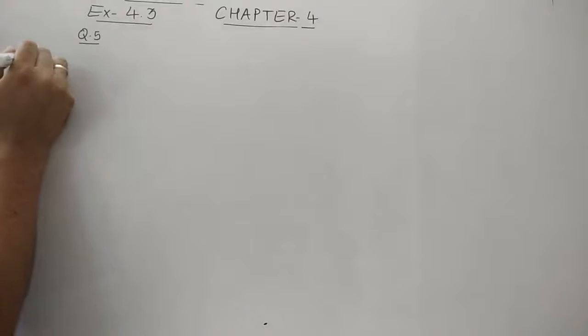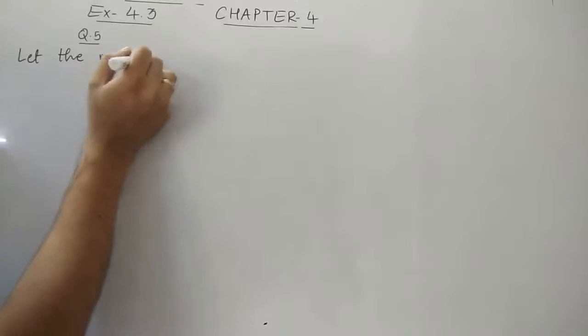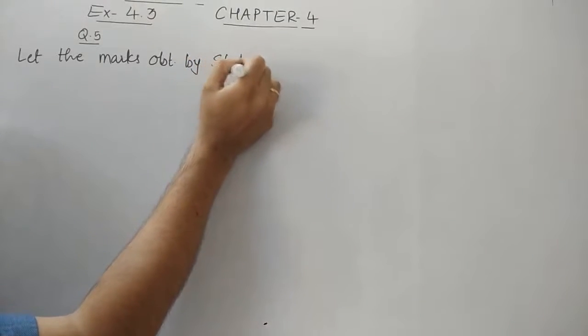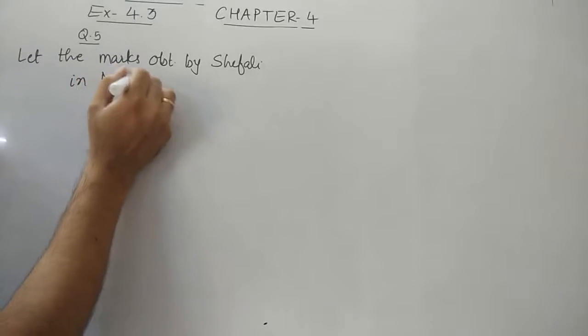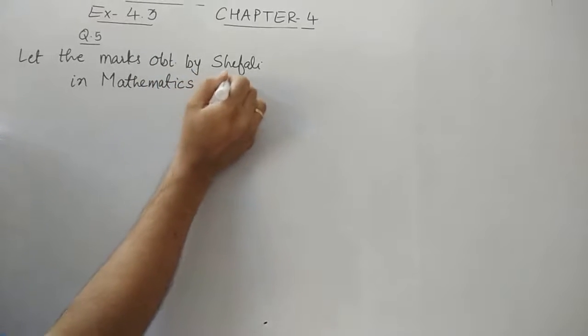So here the two quantities are the marks obtained by Shefali in mathematics as well as in English. So let us suppose that the marks obtained by Shefali in mathematics are x.